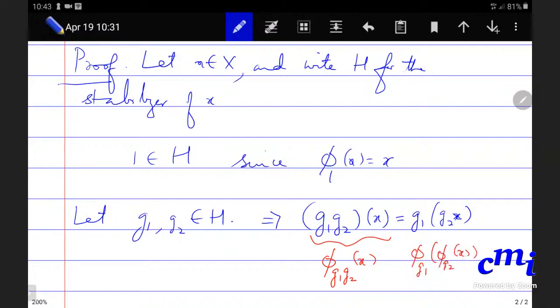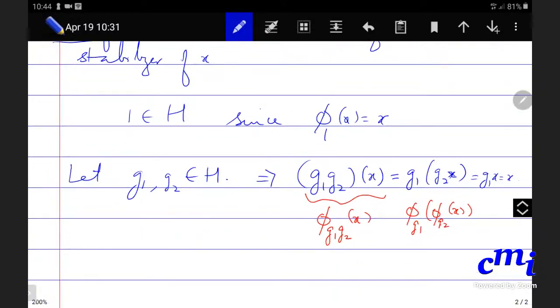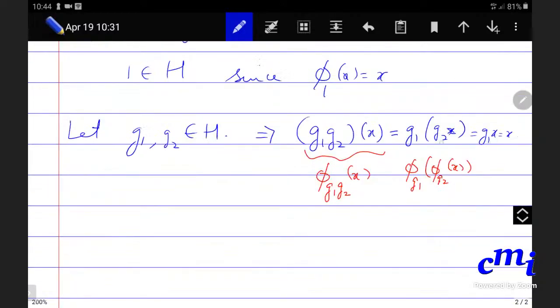For the first few minutes, I'm just elaborating what the notation means. Since g2 belongs to H, this is g1 x, which is x. g2 x is x, then g1 x is x. So we get that g1 g2 is inside H.